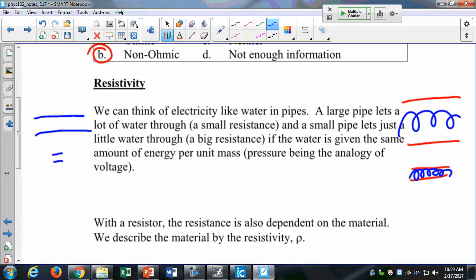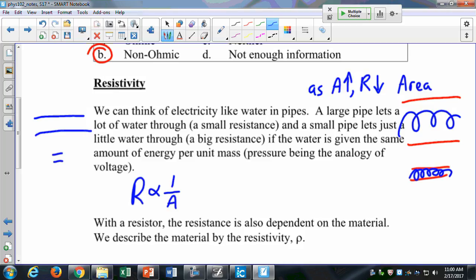So we can get this proportionality for resistance. That is, that resistance is inversely proportional to the area. This is the area over here. That's just saying as A goes up, the resistance to the flow of electricity goes down. It's an inverse proportionality.